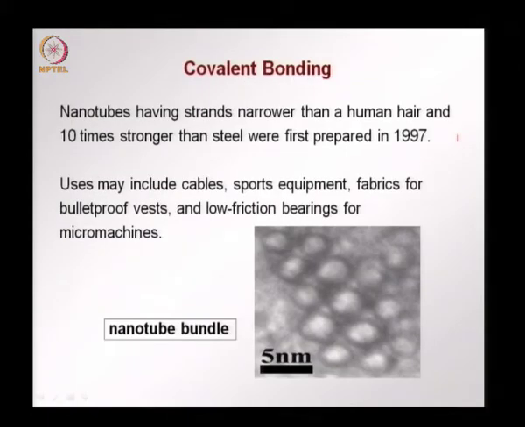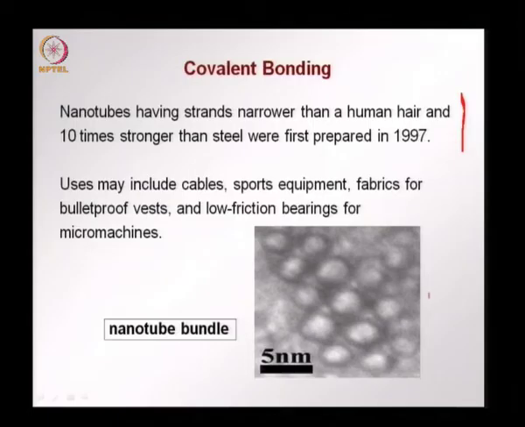These were first prepared in the late 1990s and they were found to be narrower than a human hair, but very strong. Some research has been going on where people have tried to use carbon nanotubes in cementitious materials and other civil engineering applications, but it is still in a nascent stage.